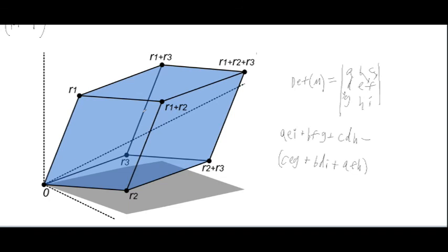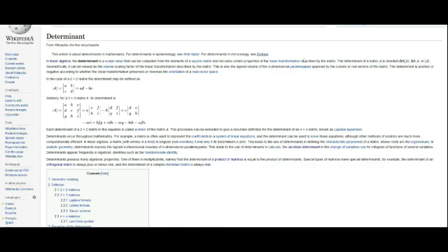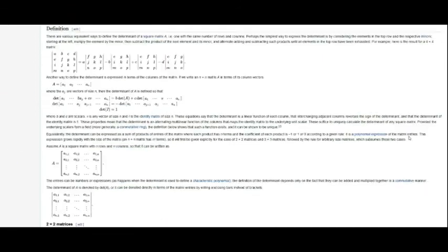And I actually got these from Wikipedia, which we can look at here. This says the area of the parallelogram is the absolute value of the determinant of the matrix formed by the vectors representing the parallelogram sides.